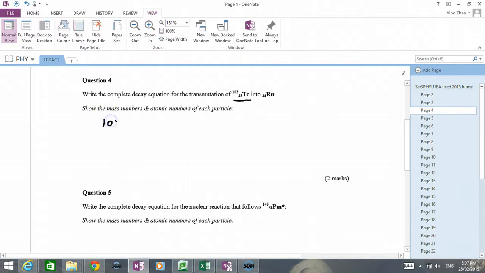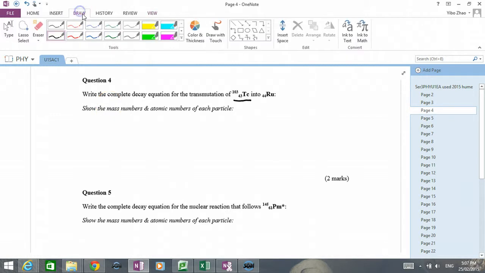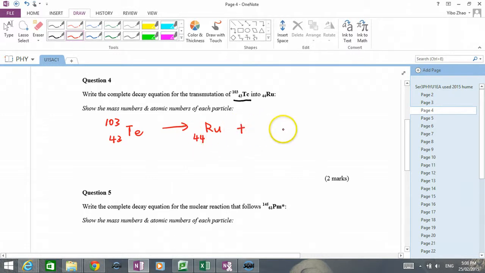I have this element, let me use red, and this element, green. It gives out a nuclear radiation and becomes this. And during the process, it released something.